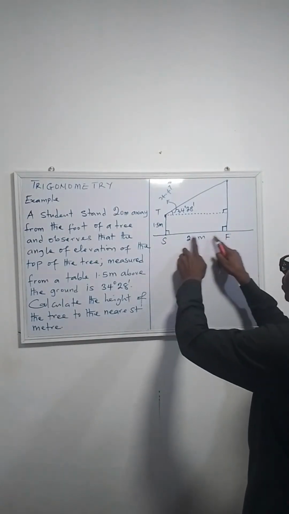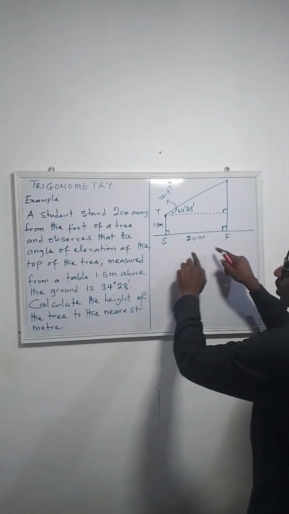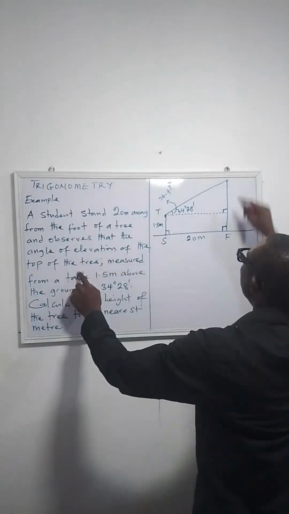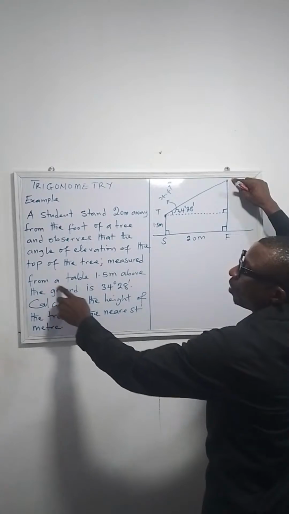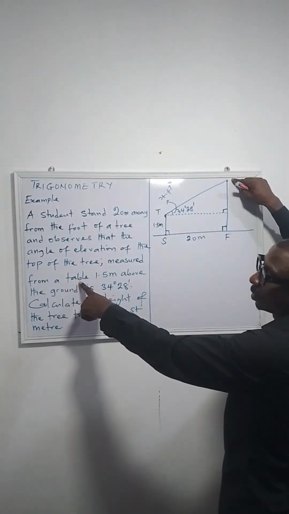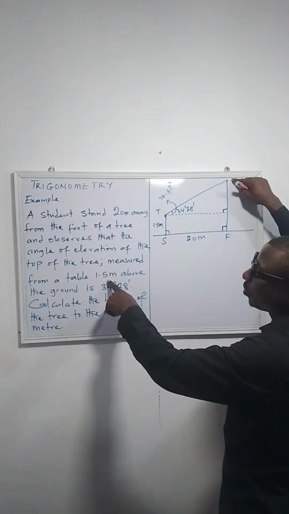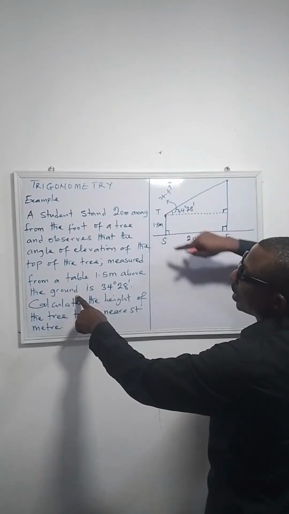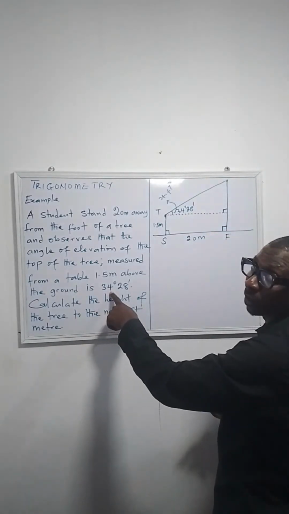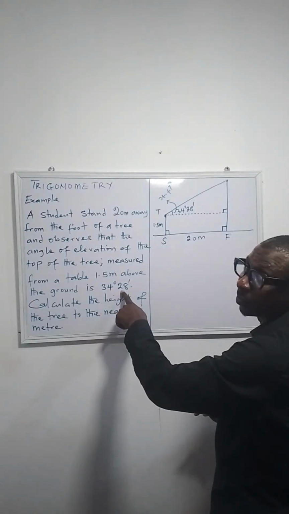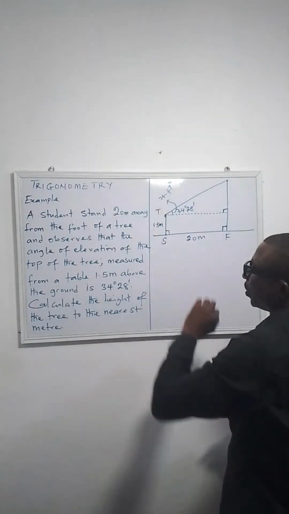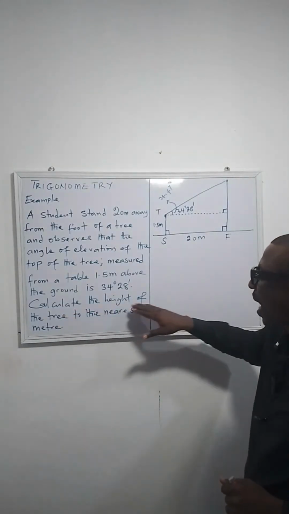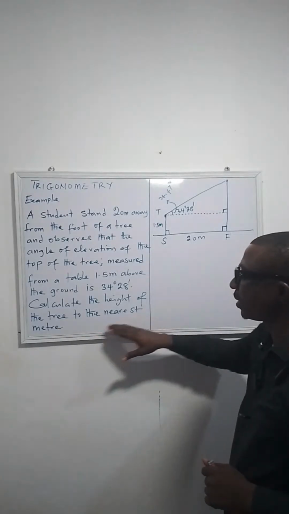The student is 20 meters away from the foot of the tree and observes that the angle of elevation of the top of this tree, measured from a table which is 1.5 meters above the ground, is 34 degrees 28 minutes, which is the same thing as 34.47. The question is, calculate the height of the tree to the nearest meter.